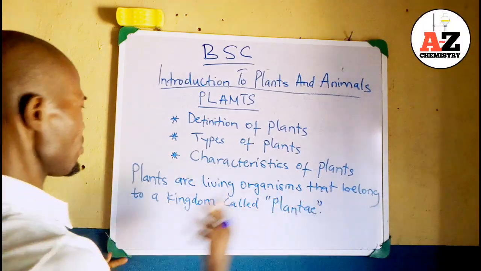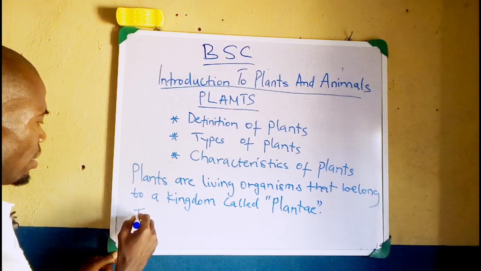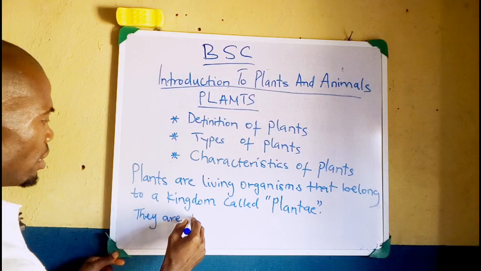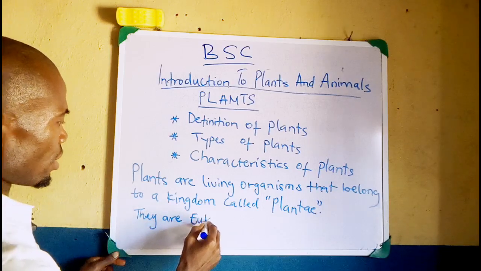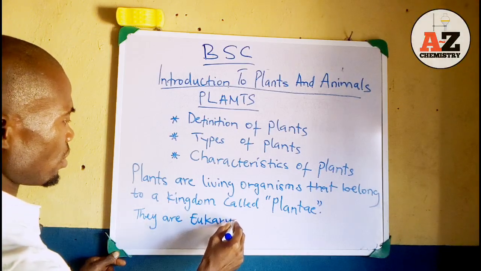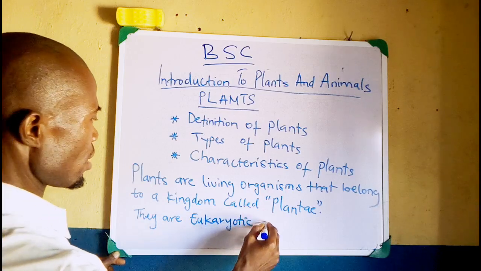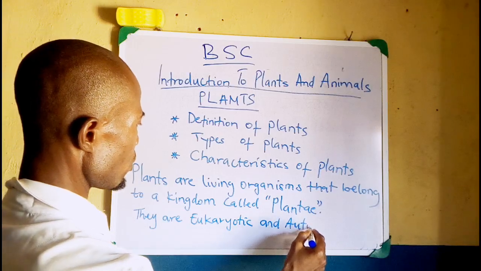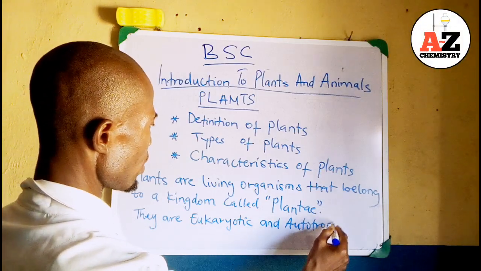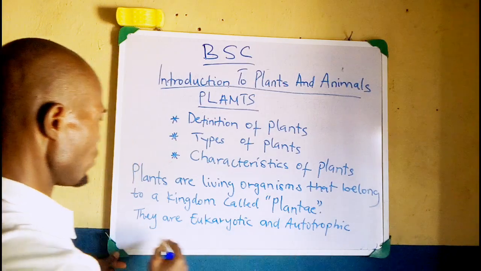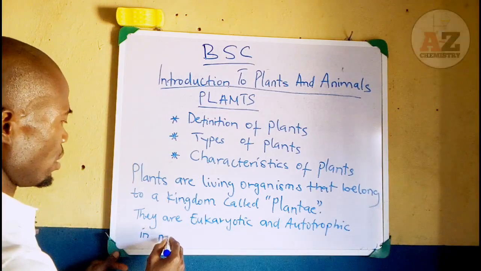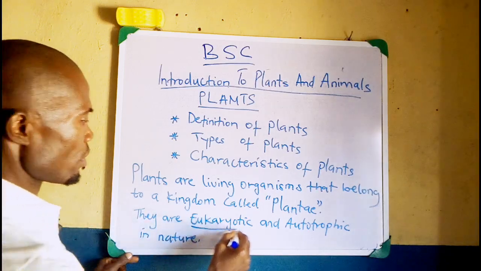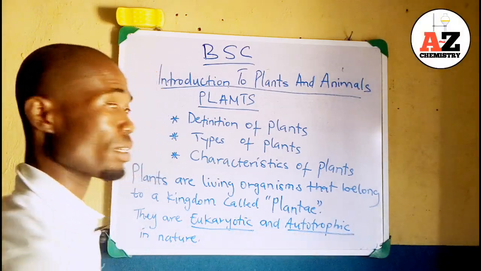So these plants are eukaryotic and autotrophic in nature. So what do I mean by eukaryotic and autotrophic?